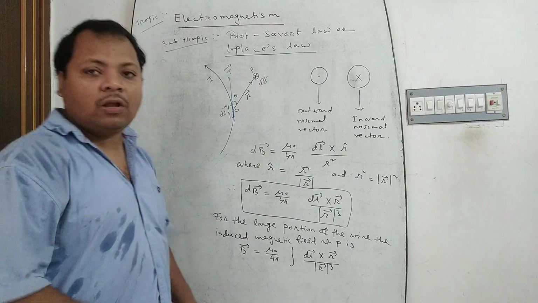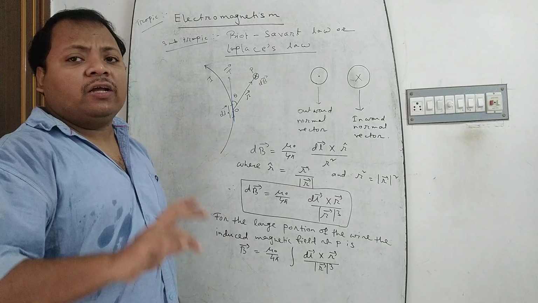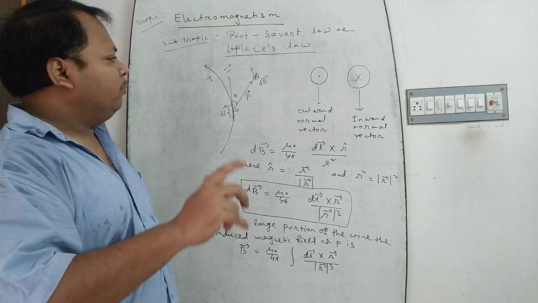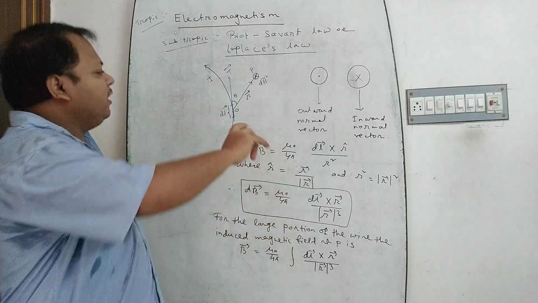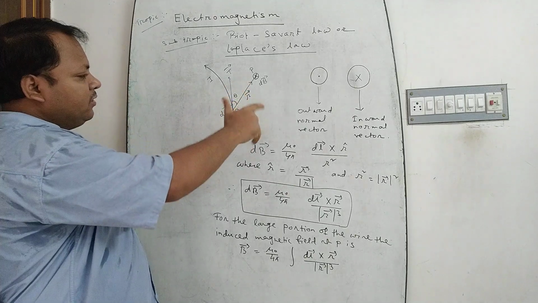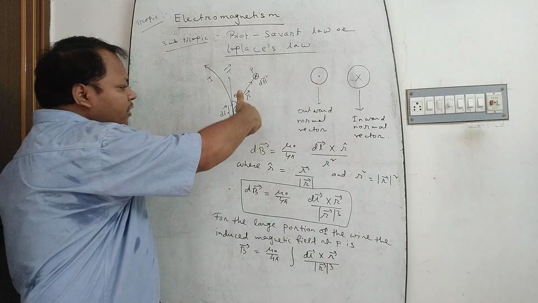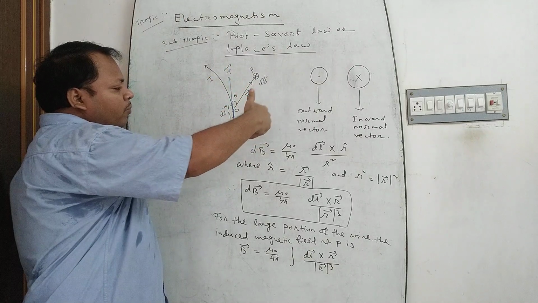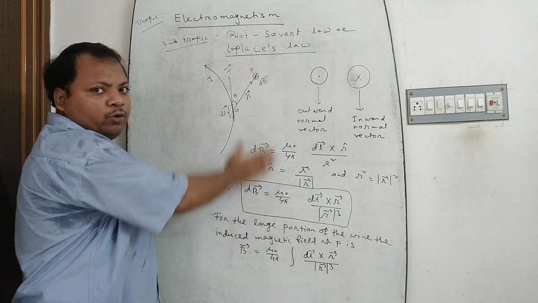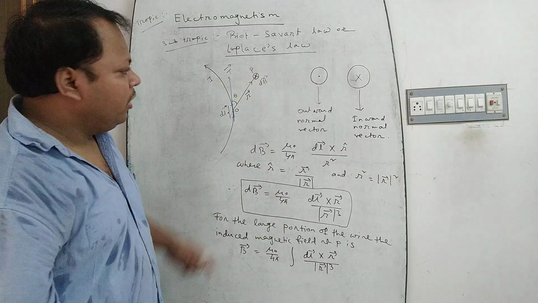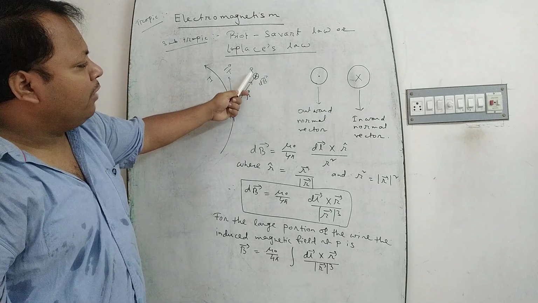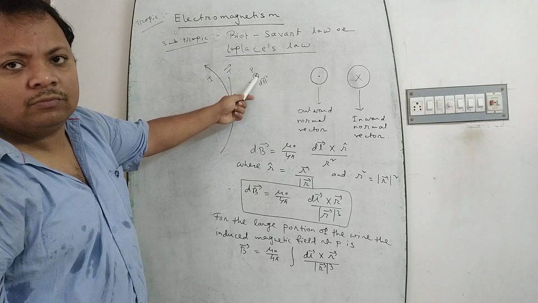You already know the Maxwell right hand corkscrew rule: applying it in the cross product, the direction of dB is the inward normal vector to the plane of the board. That's why the direction of dB can be denoted as cross.